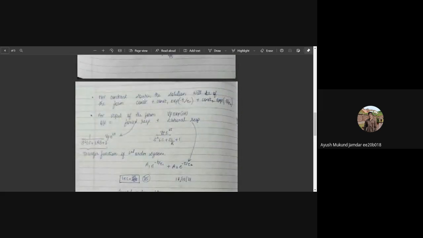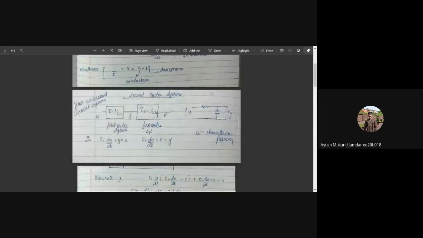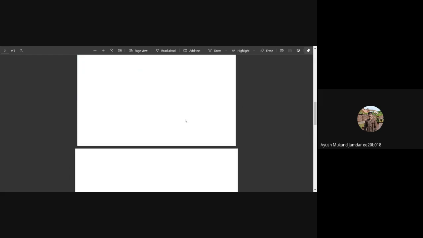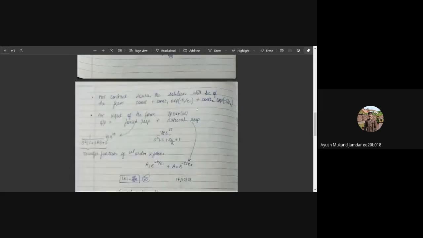But for a constant source, the solution will be of the form some constant plus a constant times exponential plus another constant times another exponential with a different time constant. This can be understood by applying a constant source to the system which we started with. If we give a constant input to the first order system, it will give a constant plus a time varying part, and again these two terms will be given as an input to the second first order system, and from that we should get something like this.